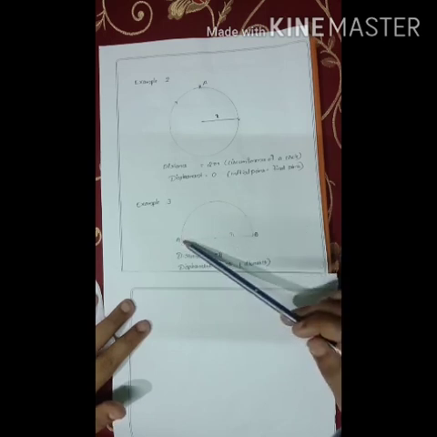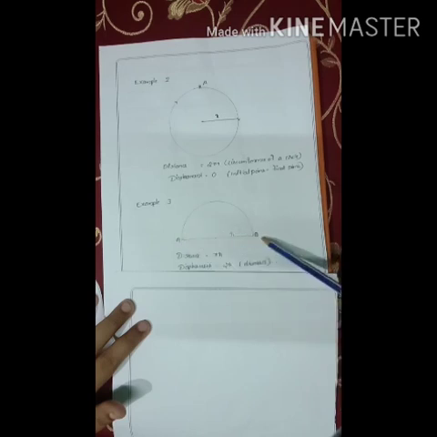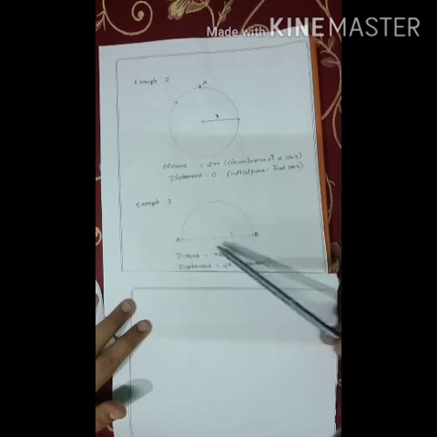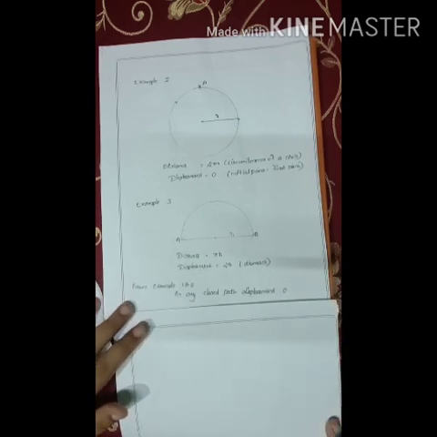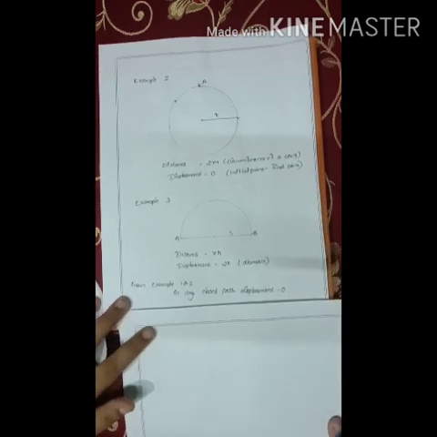In this case, initial point A, final point B. So displacement equals the diameter, that equals 2r, where r is the radius. From examples 1 and 2, I conclude that in any closed loop, that is, in a closed path, displacement equals 0.